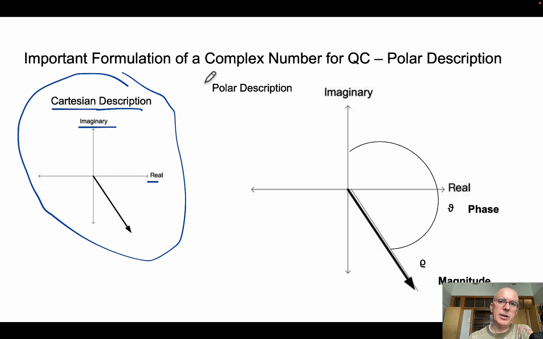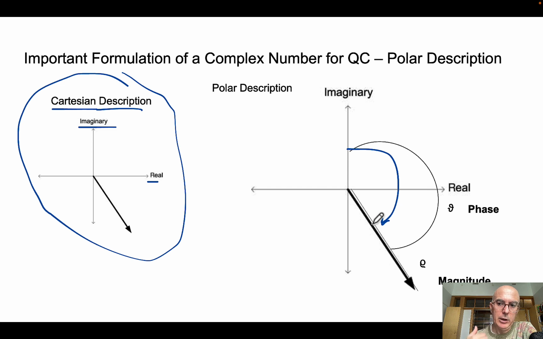An equivalent description of our complex number is to use, instead of the x, y description of the Cartesian, two numbers, in this case an angle, the so-called theta angle, and the magnitude of this vector.